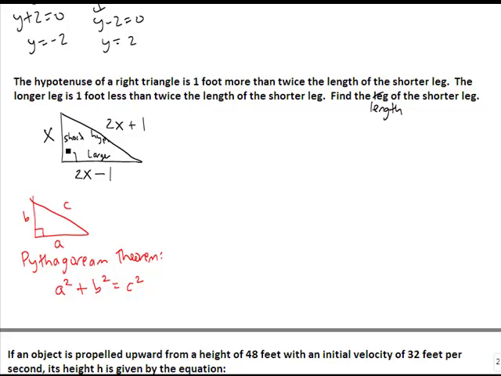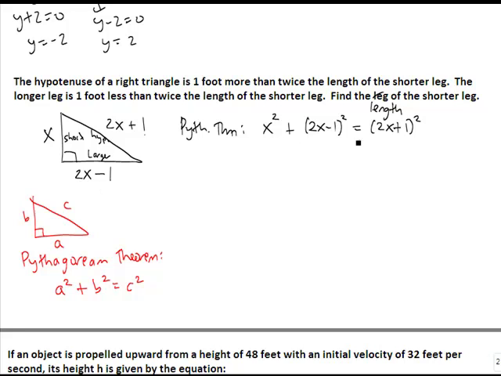These two sides, the short side and the longer side, are my legs, the A and the B. The hypotenuse is the C, so 2x plus 1 is going to be my C. So the Pythagorean theorem says, according to our dimensions here, that our leg x squared, plus my other leg, 2x minus 1, quantity squared, has to equal the hypotenuse squared. Notice that I'm using parentheses because we need this entire expression squared.